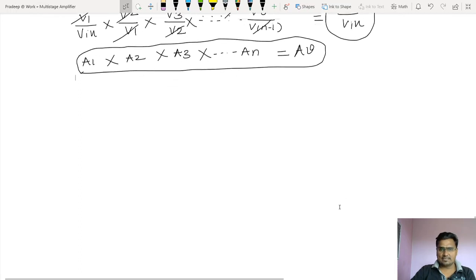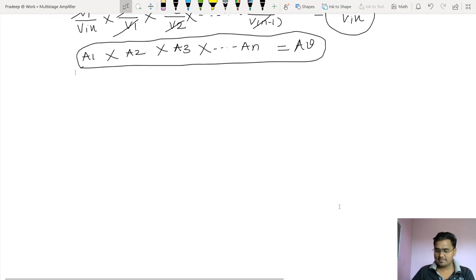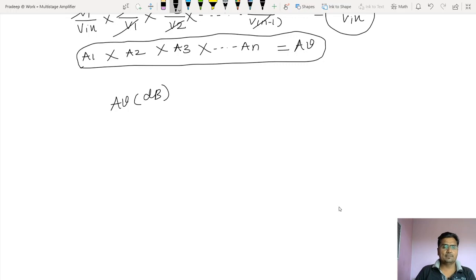Is it? So in case I want to express gain in dB, generally you express voltage gain in dB. So obviously multiplication becomes addition in dB. If I want to write total gain in linear form, then total gain will be A1 multiplied by A2 multiplied by A3, like this, multiplied by An.